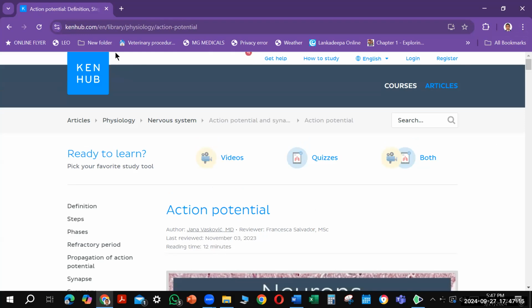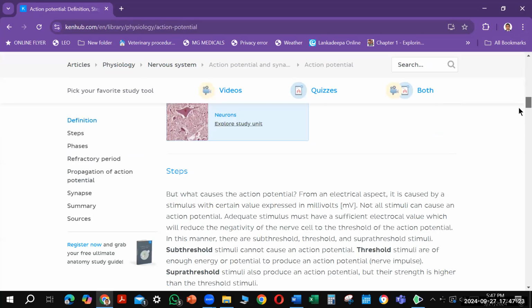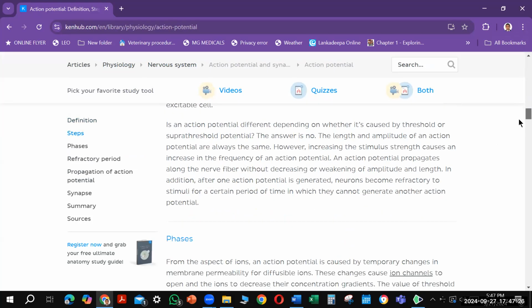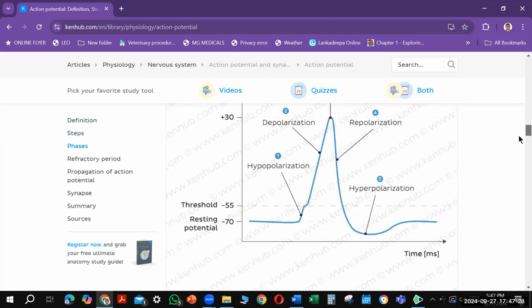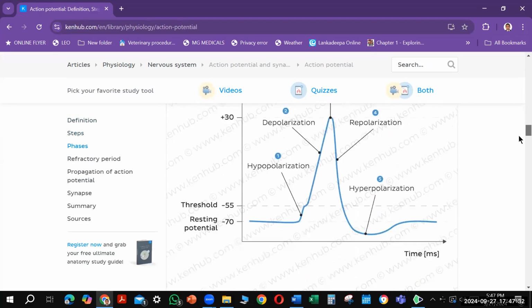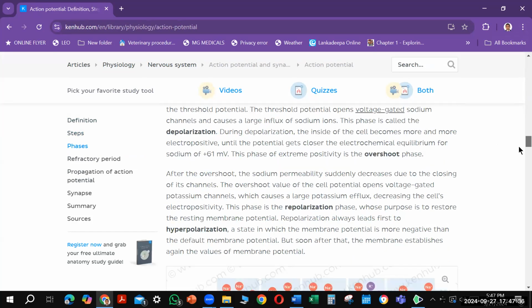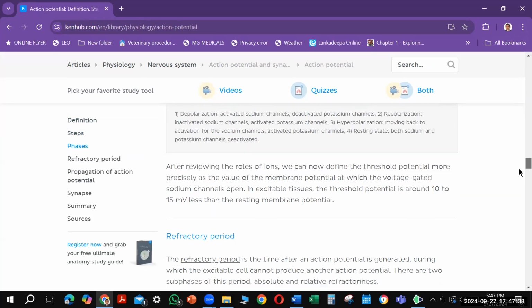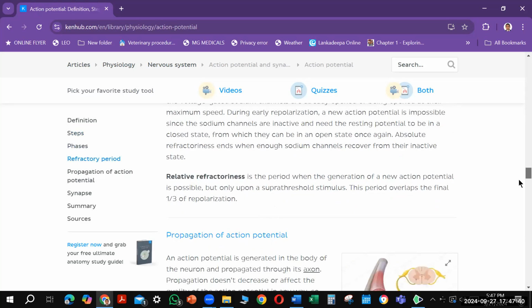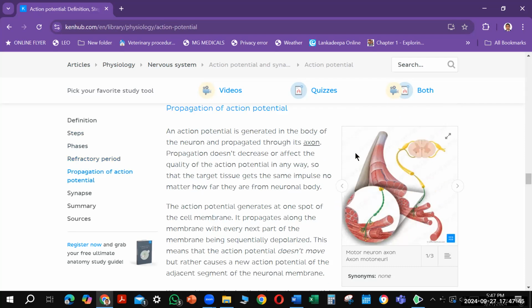Kenhub is a website for medical students, and we try to find if we can get more information. This is what we learn, the action potential graph. Here, propagation of action potential.